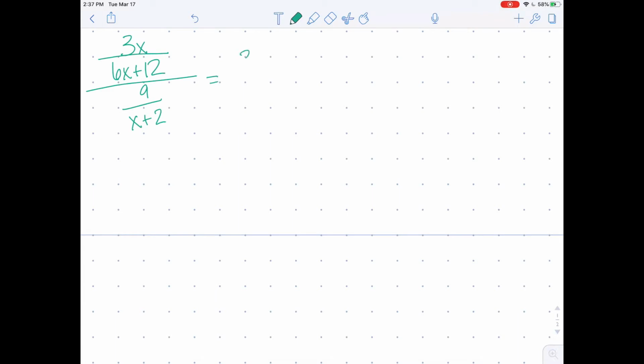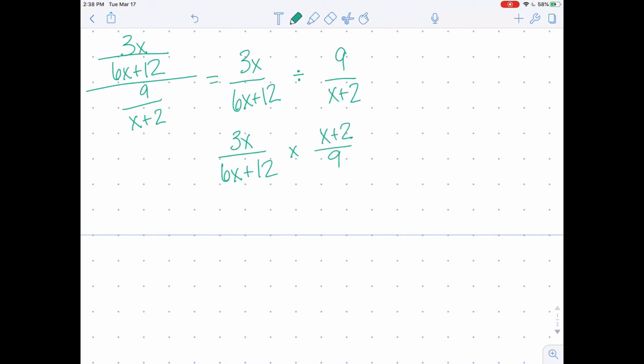First thing you're going to do is write this as a division problem: 3x over 6x plus 12 divided by 9 over x plus 2. Again, the next thing you're going to do is flip over the second fraction. So we've got 3x over 6x plus 12 times x plus 2 over 9.